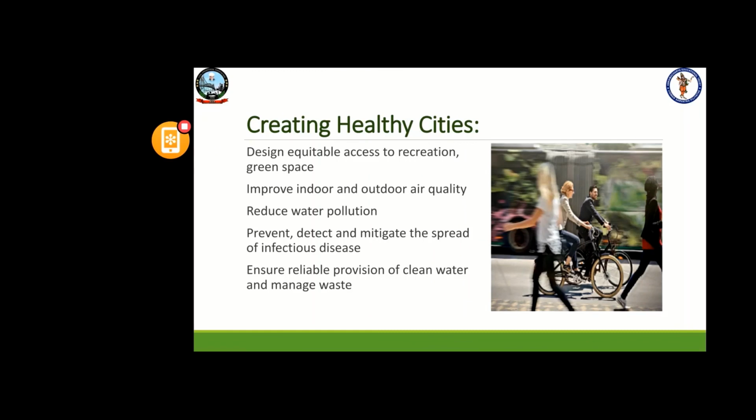Design equitable access to recreation and green space, improve indoor and outdoor air quality, reduce water pollution, prevent, detect, and mitigate the spread of infectious disease, ensure reliable provision of clean water and manage waste. That will be the best solution to create the healthy city.